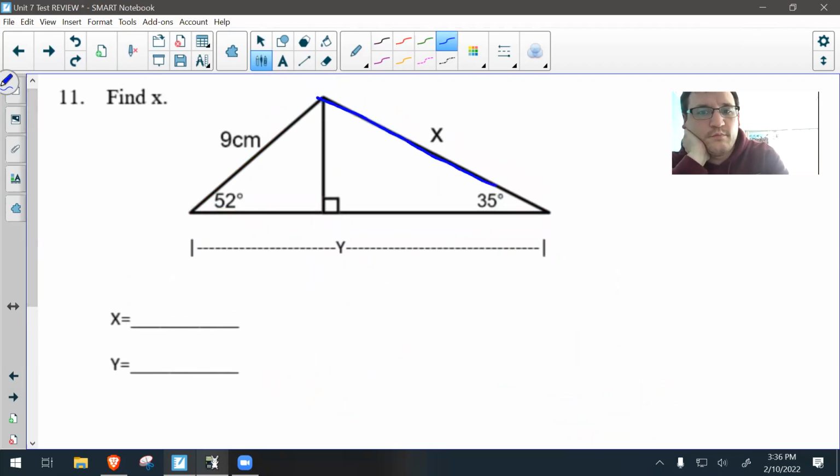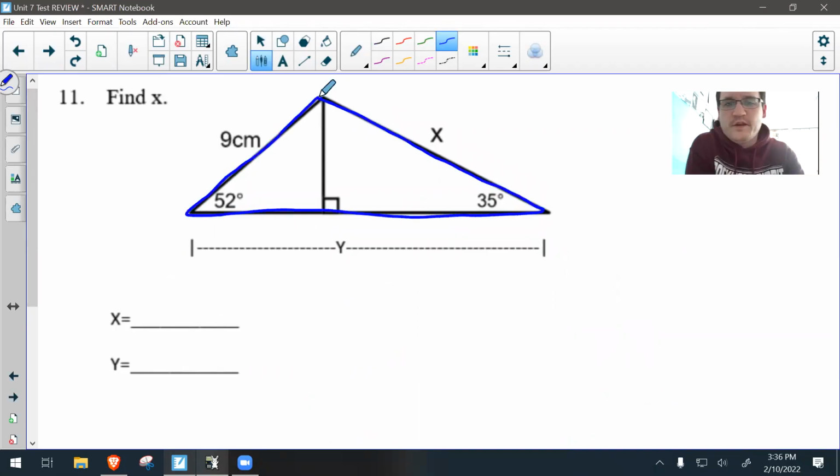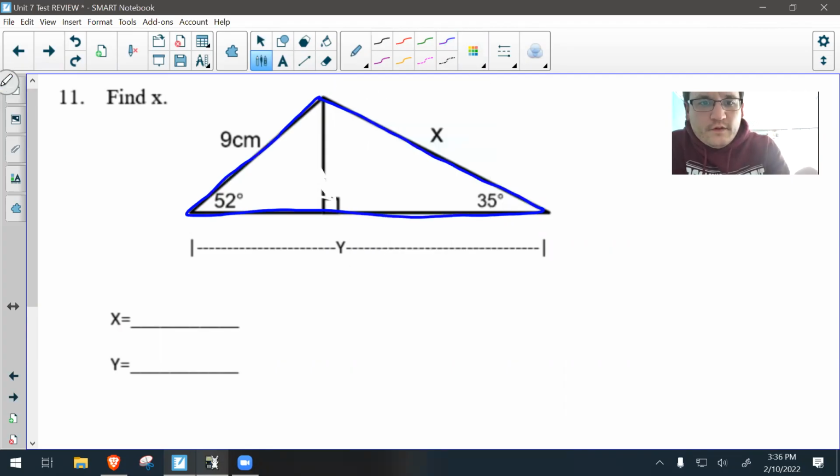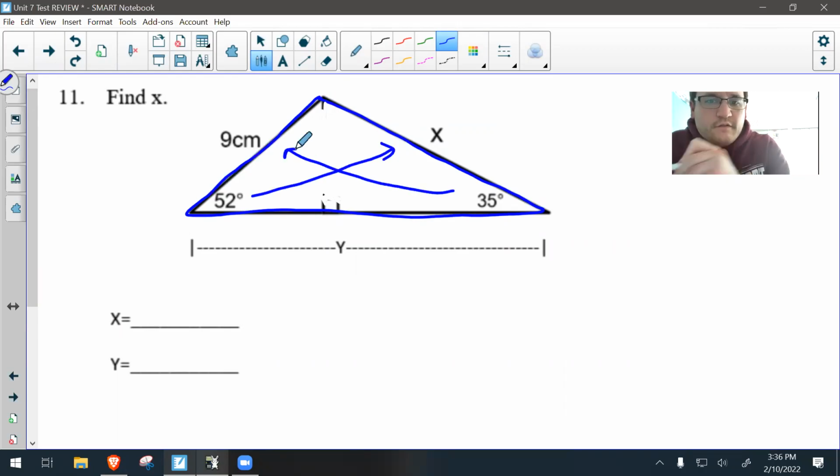So let's just look at this big old triangle. All right, that blue one. If we completely ignore this line on the inside, let's just get rid of it. Let's just pretend it's not there. We're allowed to do that. What we're going to have is a law of sines kind of situation.